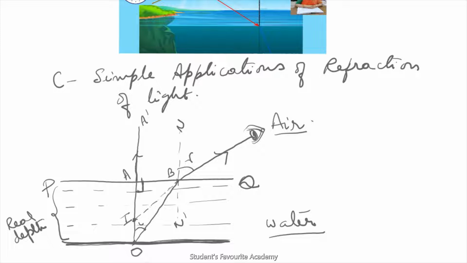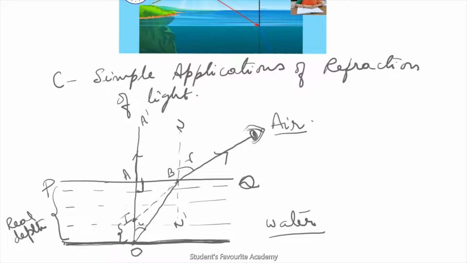So this is what I was telling, it looks raised. Suppose at O you have kept a coin, it will appear as if the coin is raised to point I. So this IO is the difference between the real and apparent depth.